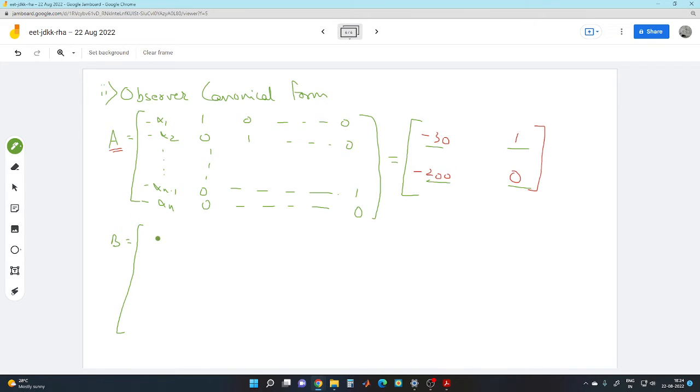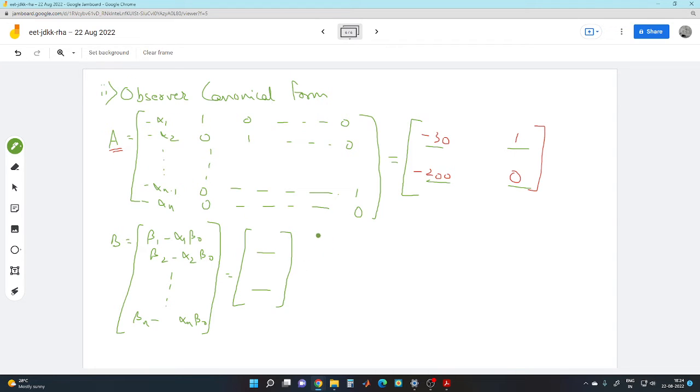So the B vector can be written as beta 1 minus alpha 1 beta naught, beta 2 minus alpha 2 beta naught, up to beta n minus alpha n beta naught. Because n is equal to 2, we have only 2 entries.